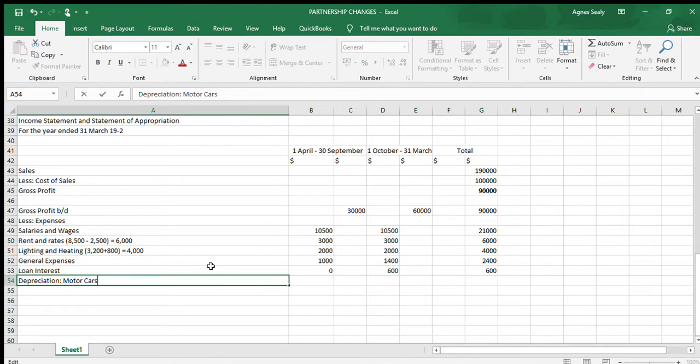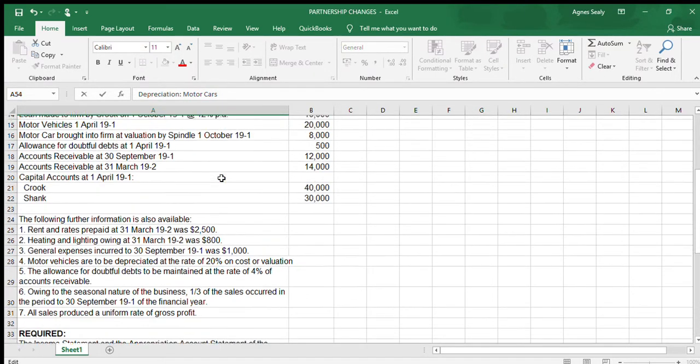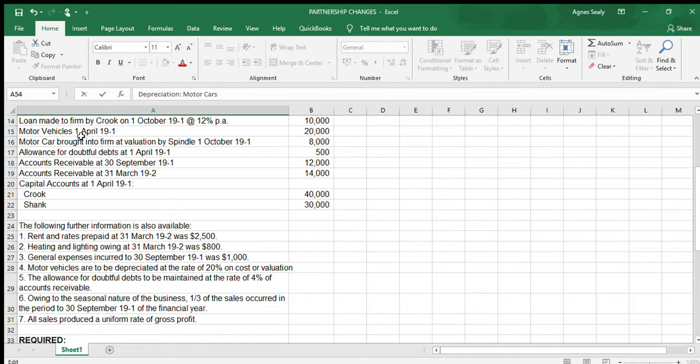Now, in the question, we have motor vehicles at the beginning of the financial year at a cost of $20,000. So we have to calculate the depreciation for those motor vehicles, at a cost of $20,000, for the entire year. The depreciation rate on the motor vehicle is 20% per annum.